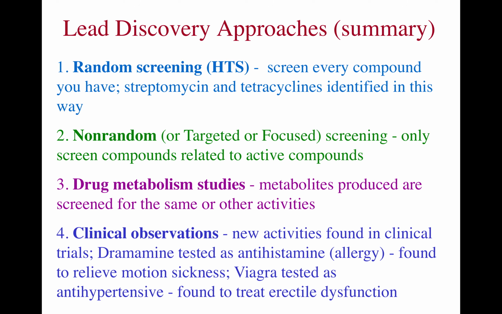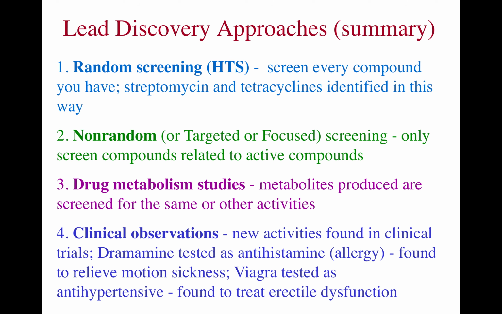So lead discovery approaches, just to give you a summary: we know that random screening or high-throughput screening is where you screen every compound you have, and streptomycin and tetracycline were identified in this way. Non-random screening is known as target or focus screening and only screens compounds related to the active compound. You can also use drug metabolism studies to identify new lead compounds, and the metabolites produced give us an indication of what type of activities we can see with these metabolites, and also what type of molecules to develop further.